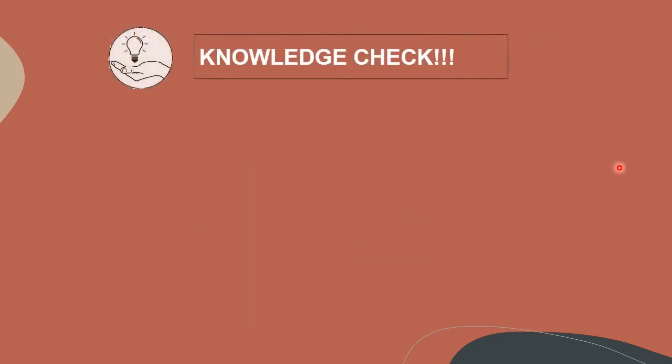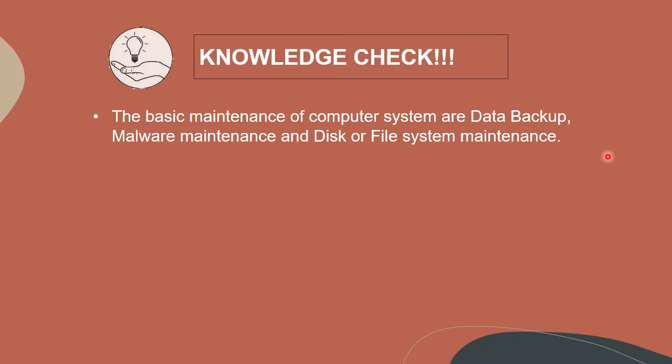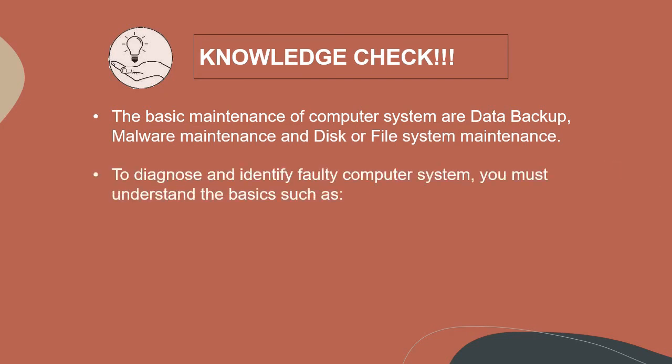Okay, so let us check your knowledge. The basic maintenance of computer system are data backup, malware maintenance, and disk or file system maintenance. To diagnose and identify faulty computer system, you must understand the basics such as ensure all cables are connected and connected firmly.